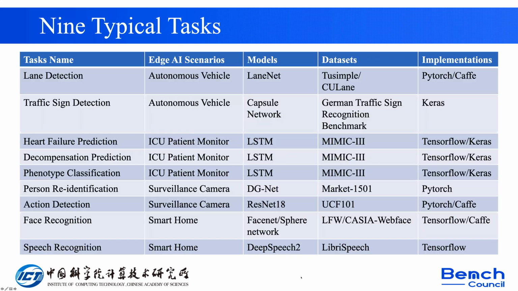Okay, this table shows the 9 typical AI tasks in AIBench, and we have some component benchmarks of them. Edge AIBench provides an end-to-end scenario-based benchmarking consisting of training, inference, data collection, and other parts using a general 3-layer edge computing framework.